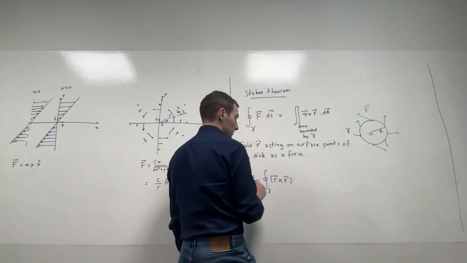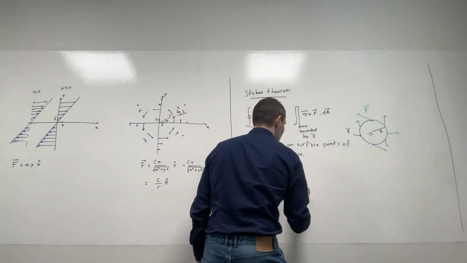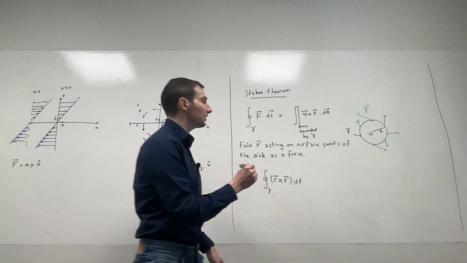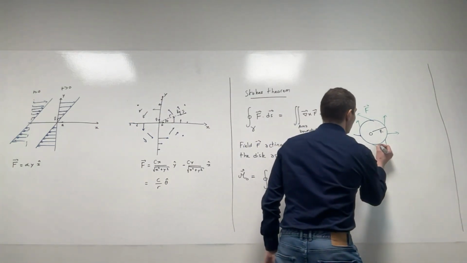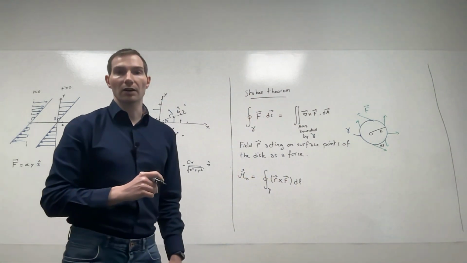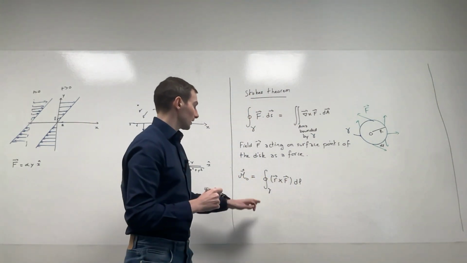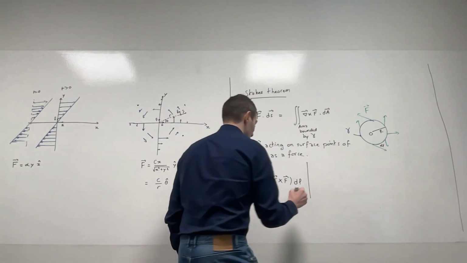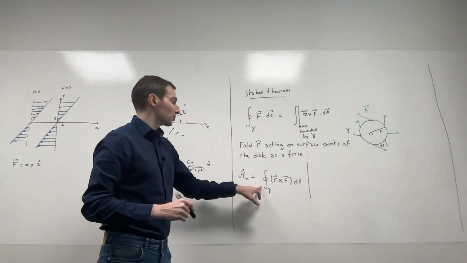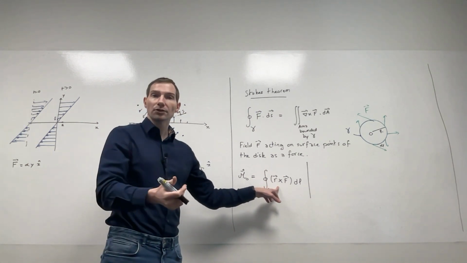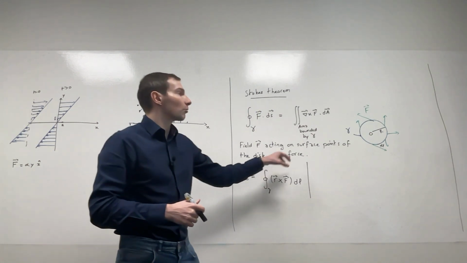And that's it. So that's this, and then dl. And dl here is simply the elementary arc length there. Okay, so that's the first thing we can say. So that's the formula that gives you the total moment, like the resultant moment from all the forces acting on the disk.